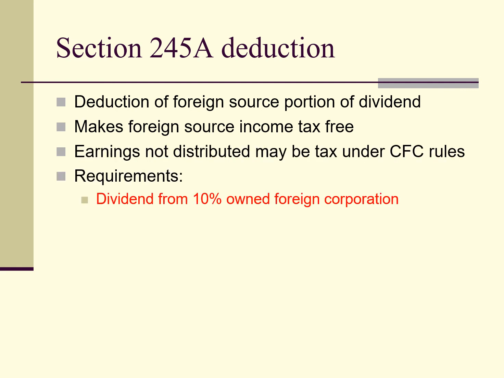Here are the requirements for the Section 245A deduction. First, the dividend must be from a specified 10% owned foreign corporation. The shareholder recipient must be a U.S. domestic corporation.